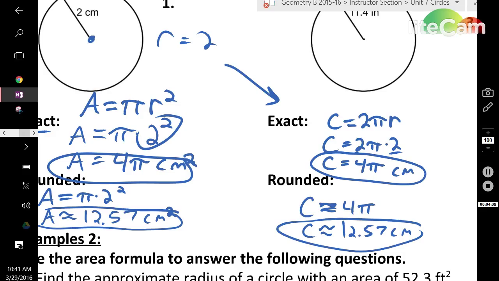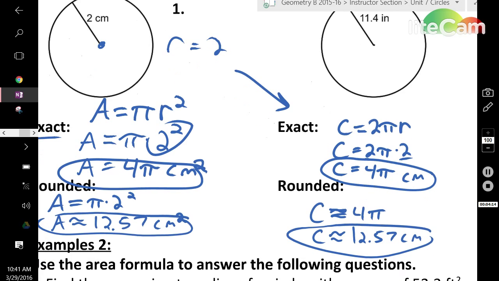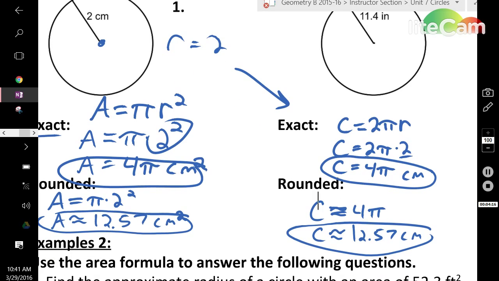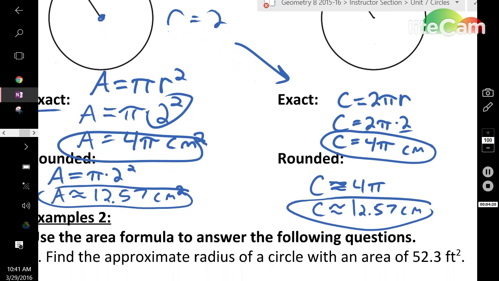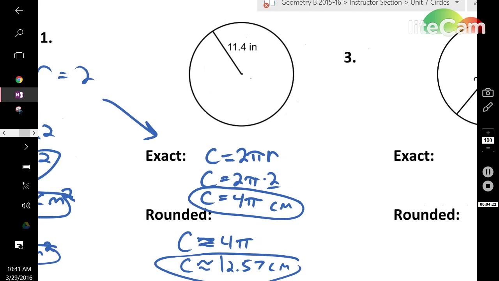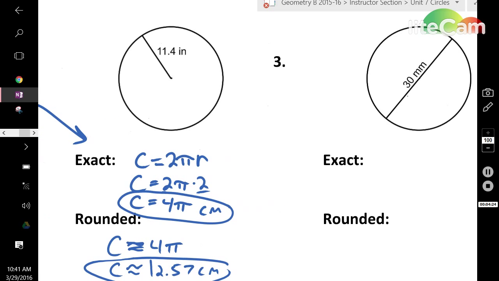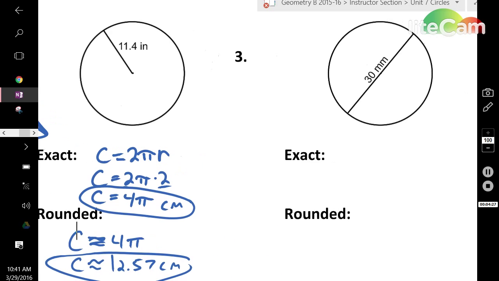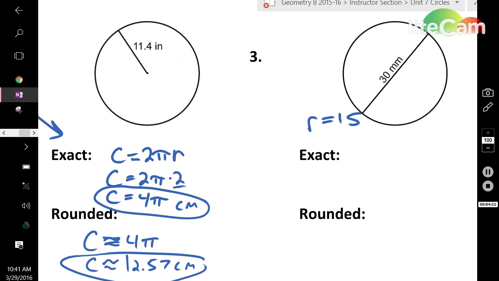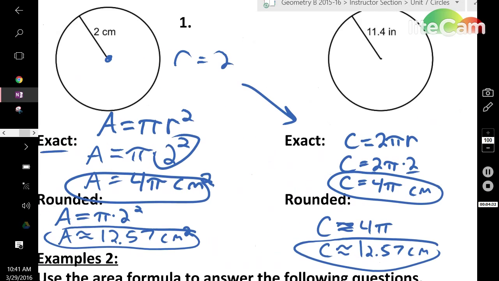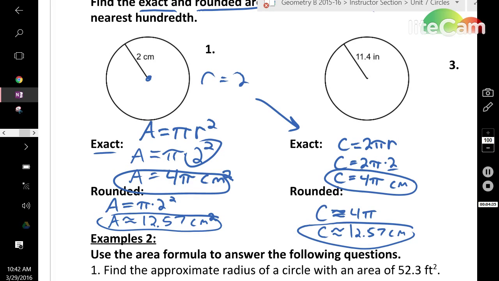It only appears to have the same numbers, 4 pi, 4 pi, 12.57, 12.57, because the number is 2, and it's only because 2 times 2 and 2 plus 2 are both equal to 4. So that's what happens there. But if you were to do 11.4 for the radius, or 30 for the diameter, which is 15 for the radius, you will get different numbers for circumference and area. So that's finding area and circumference, rounded and exact, given the radius or the diameter.